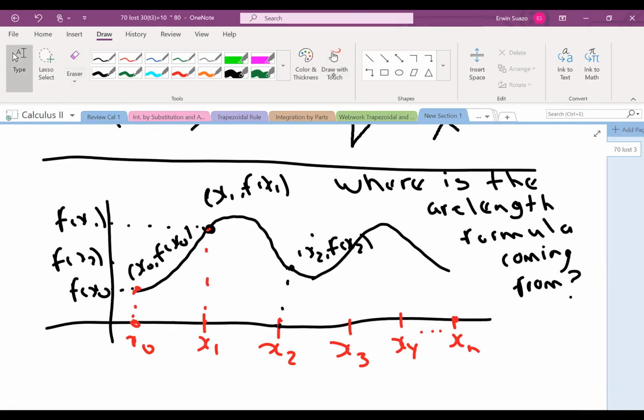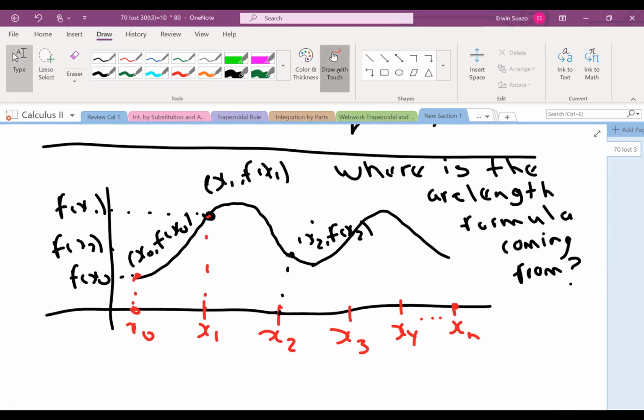So my function, let's make it orange. This function is f of x, y equals f of x. So we want to know the arc length between, let's say this is A and this is B.